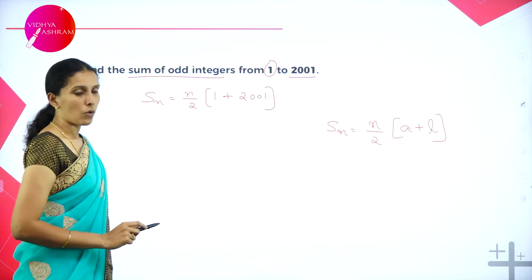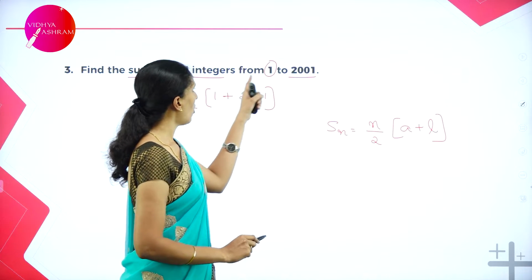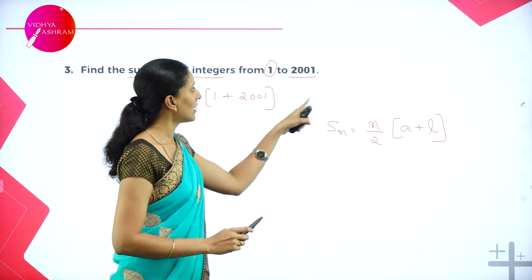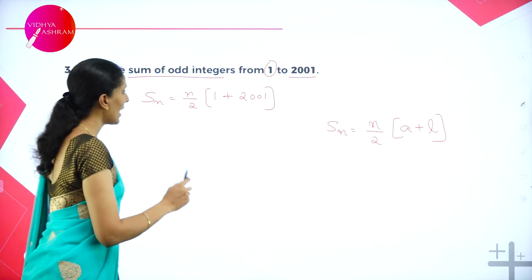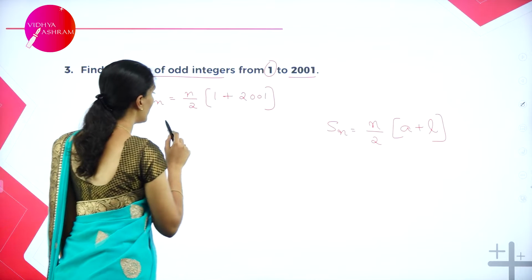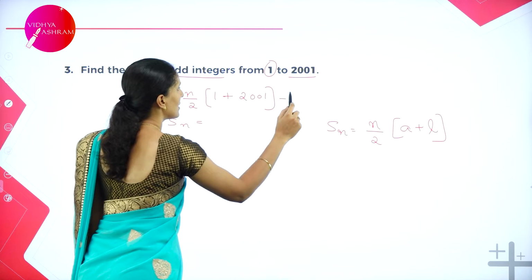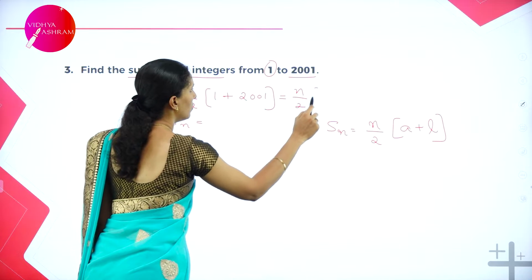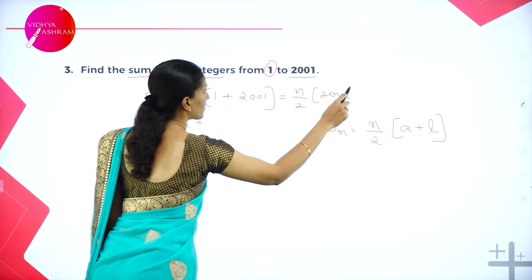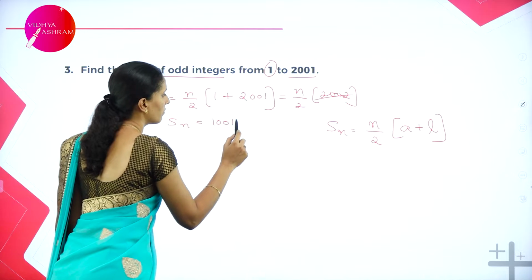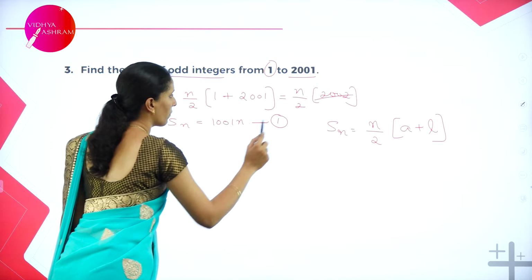What is n now? We need to count all the odd numbers from 1 to 2001. The last term an is given. So this can be written as Sn is equal to n by 2 into 2002. When you cancel, you get 1001 into n. Let me take this as equation 1.